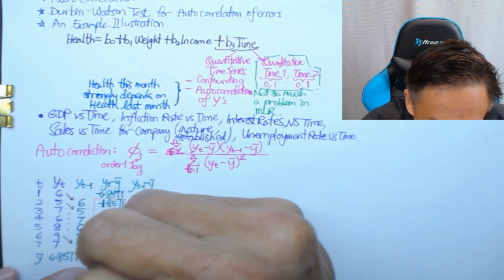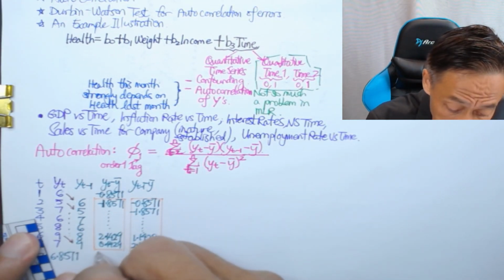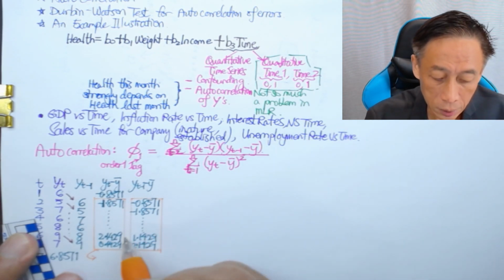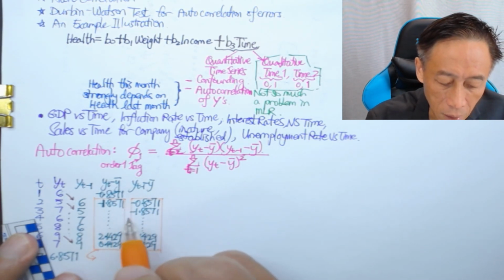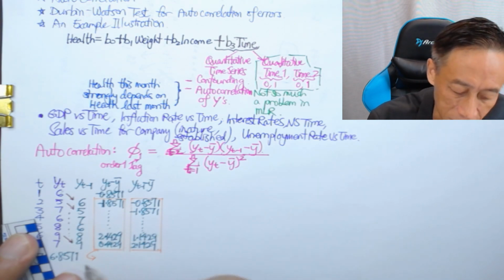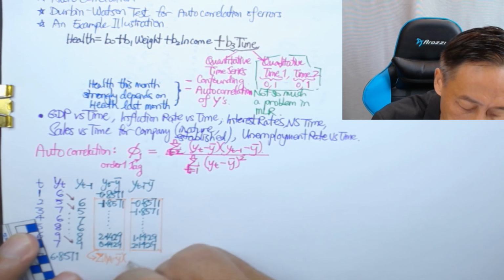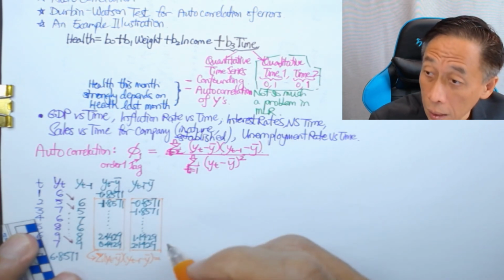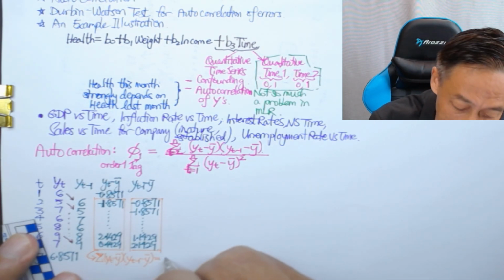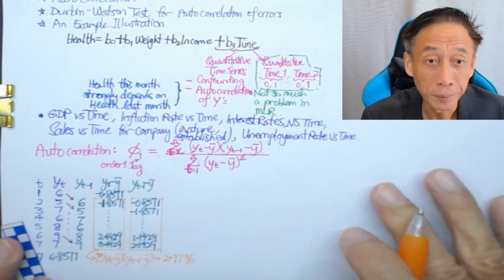A sum product is simply the first cell times the first cell, plus the second cell times the second cell, plus the second last times the second last, plus the last times the last cell, right? Which is the sum product of y t minus y bar and y t minus 1 minus y bar. So that gives us 2.9796. Did you get that?